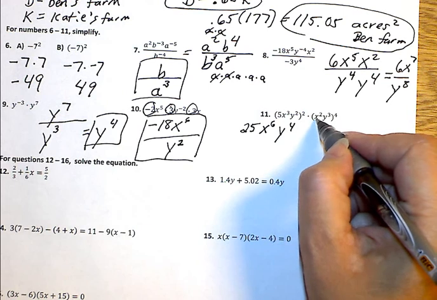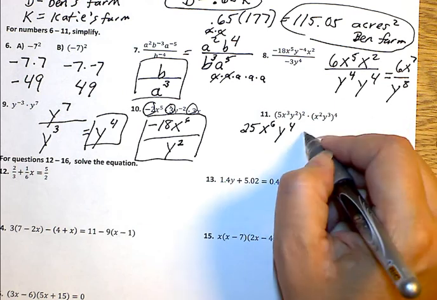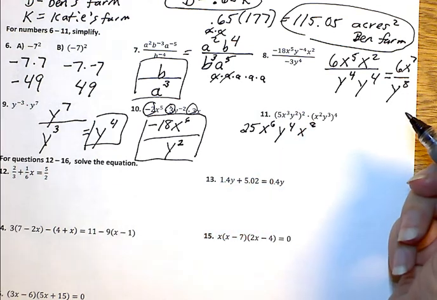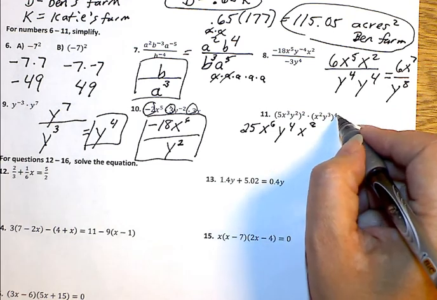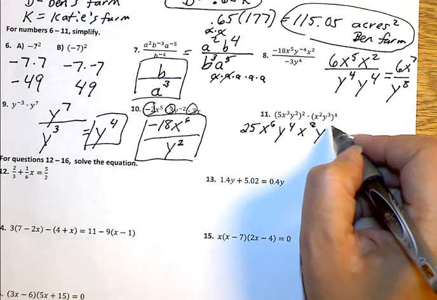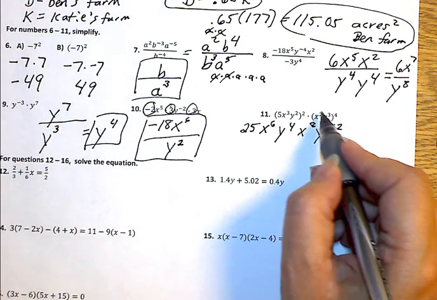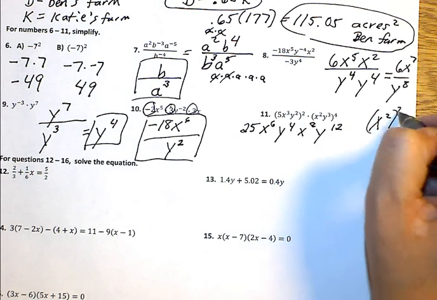Then we have here x squared to the fourth gives me x to the eighth. And then the cube in 4 is 12. Because we're multiplying these. So anytime it's raised, if it has x squared squared, you multiply those.